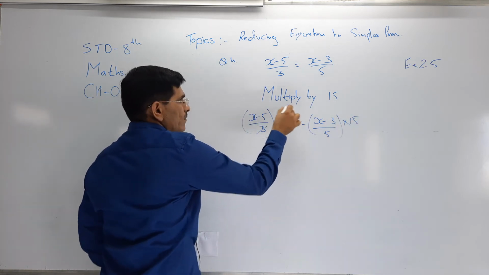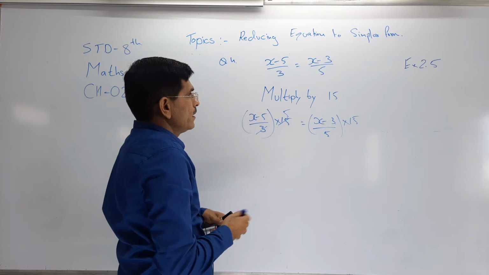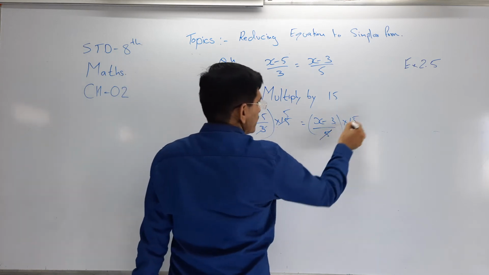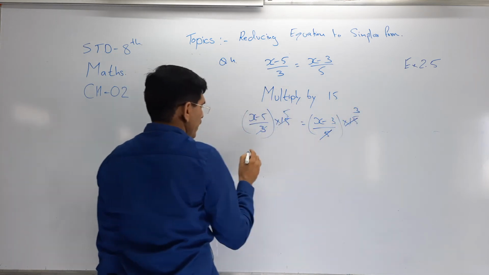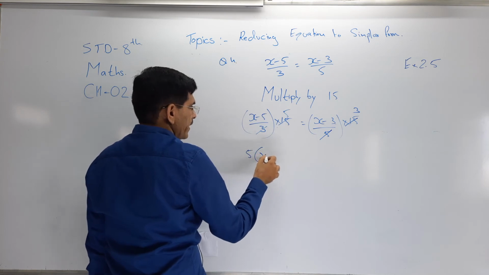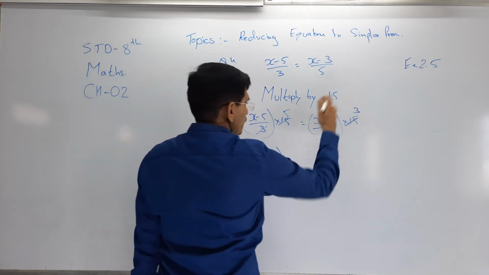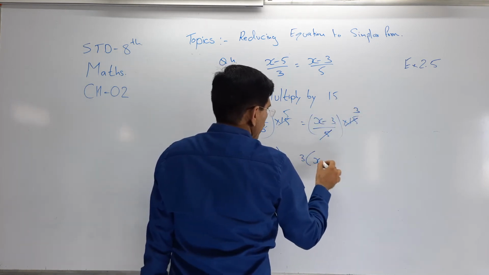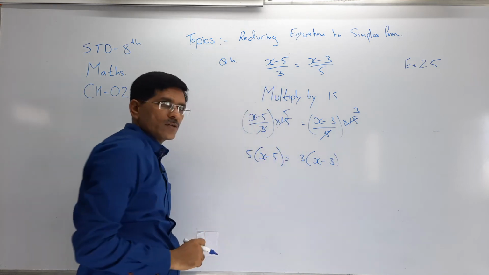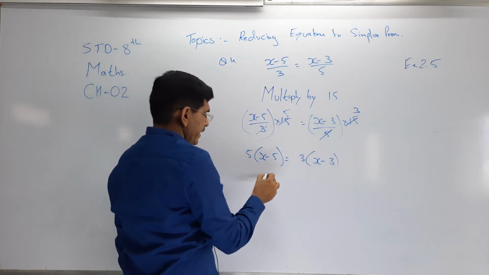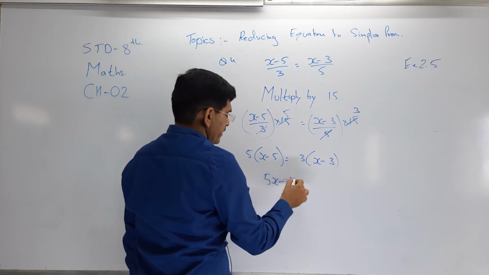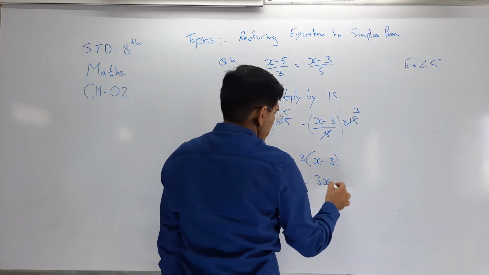So x by 5 divided by 3 multiply by 15, and x by 3 divided by 5 multiply by 15. That gives 3 5s are, again 5 3s are. So 5 we have to make common, x minus 5, and 3 we have to make outside, not common. Here 5 is common, so we write it. Now open the bracket: 5x minus 25, 3x minus 9.